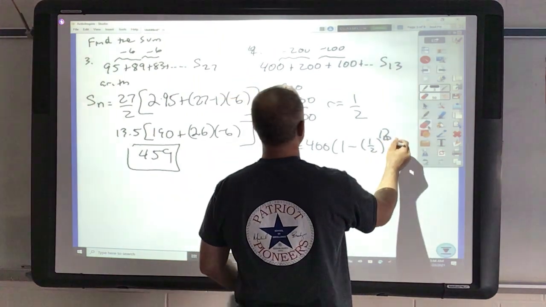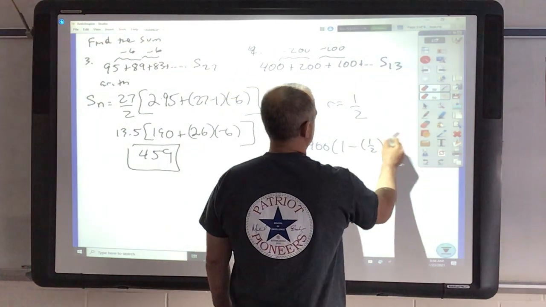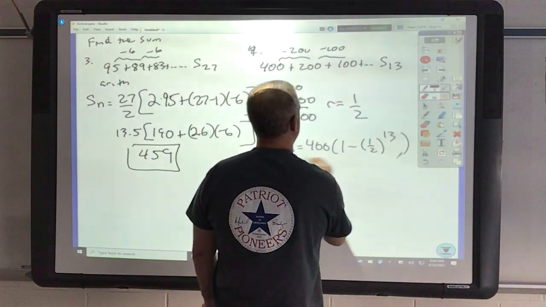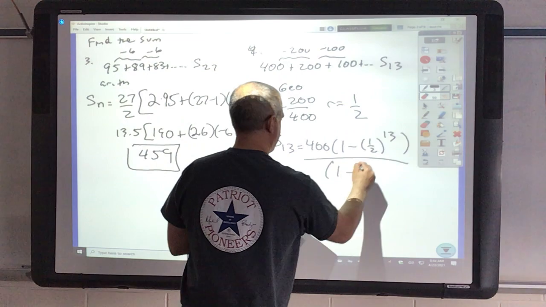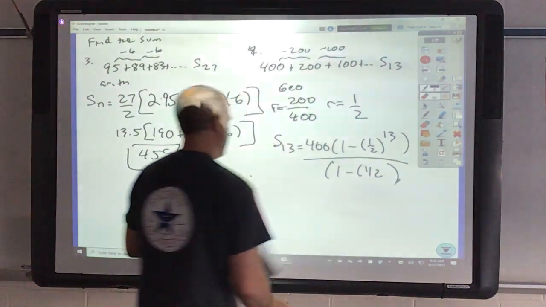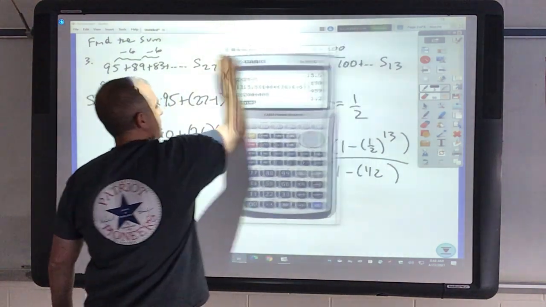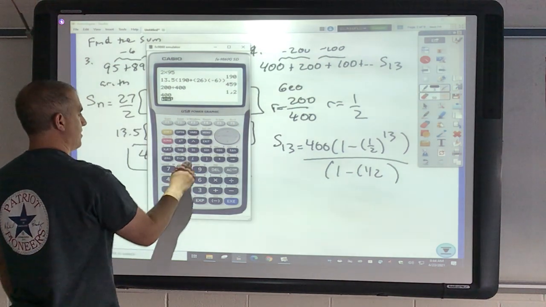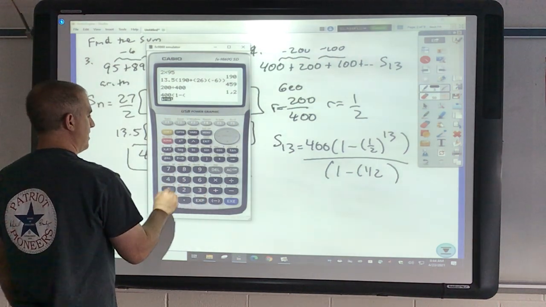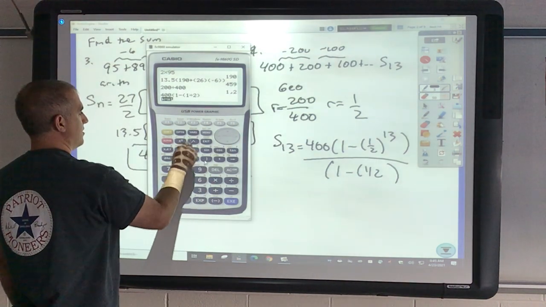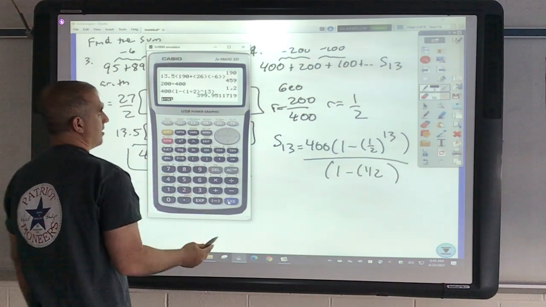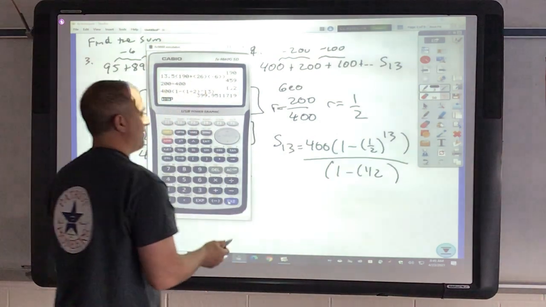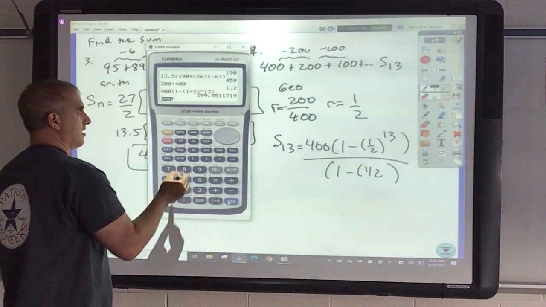Make that clear. All over 1 minus a half. Once again, I'm going to do the top part first. So 400 parentheses 1 minus a half to the 13 and close it. That's 399.95.